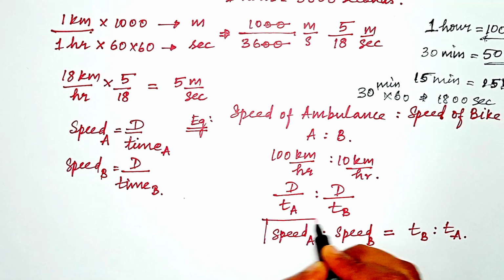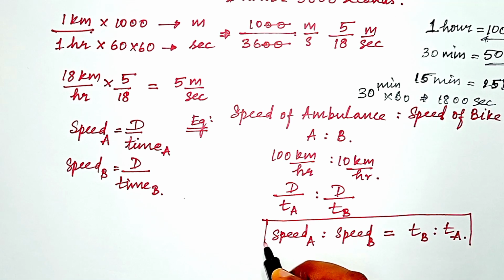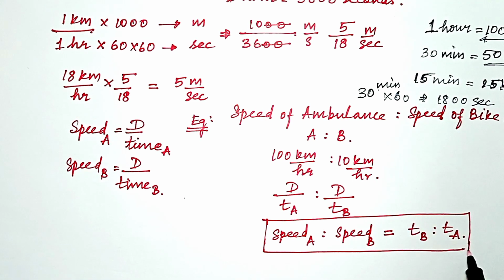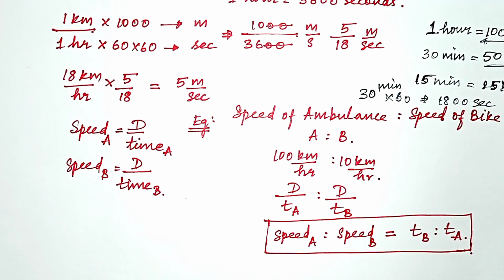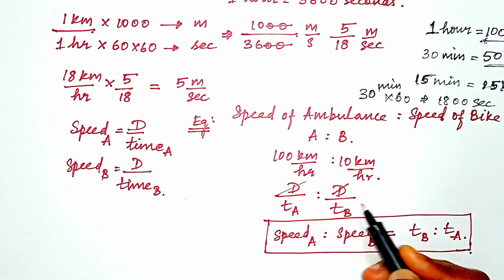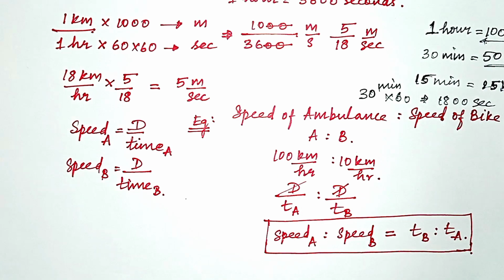This is a very important concept when we have ratios between time and speed. This is how this formula is derived: d would get cancelled for the same distance. When you calculate the ratio of speed for two vehicles, we have to interchange the time of the vehicles in order to solve the question.